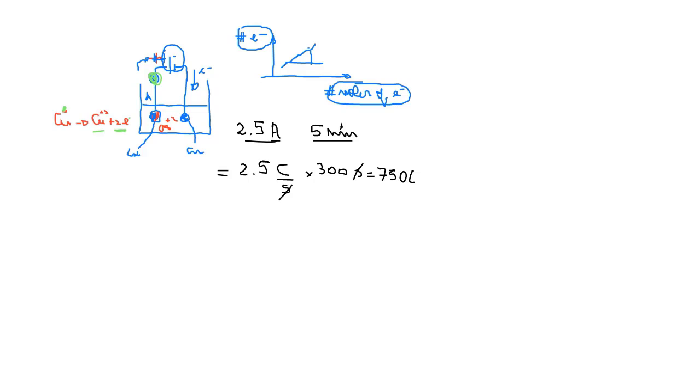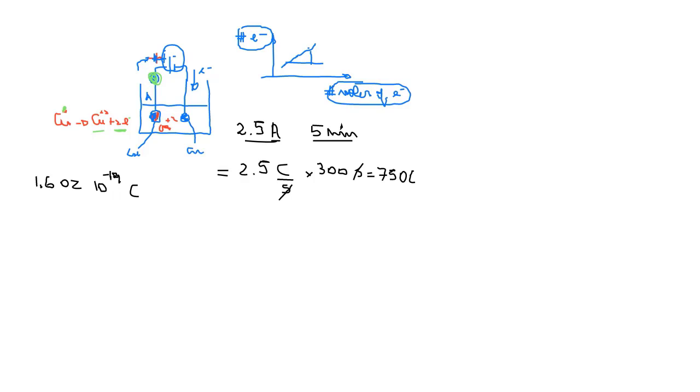But since we know the value of the charge of 1 electron, this is given. The charge of 1 electron is a fixed number, 1.602 times 10 raised to the minus 19 coulombs.